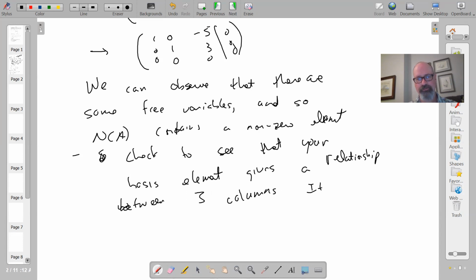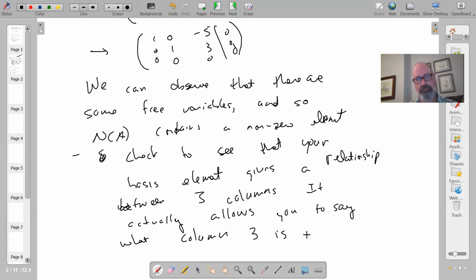So it actually allows you to say what column 3 is in terms of the first two columns.